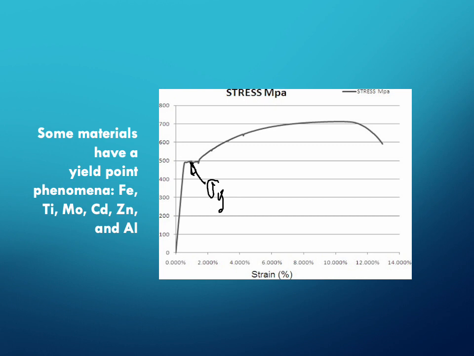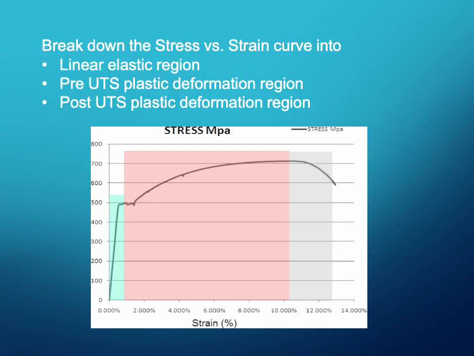All right, so when I'm thinking about the response to the applied stress, I have a region that's linear elastic. It's in the green here. That's the elastic region, where this is linear. Following that, there is a region where the stress is increasing, pre-ultimate tensile strength plastic deformation, because the maximum stress is the ultimate tensile strength.